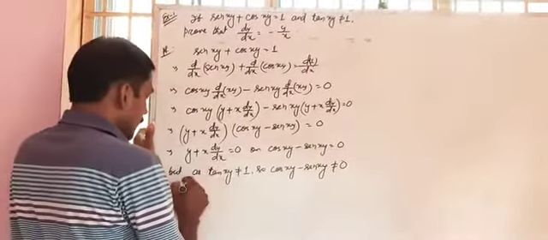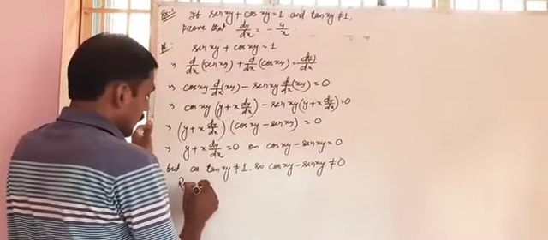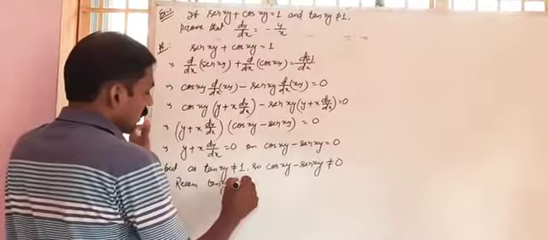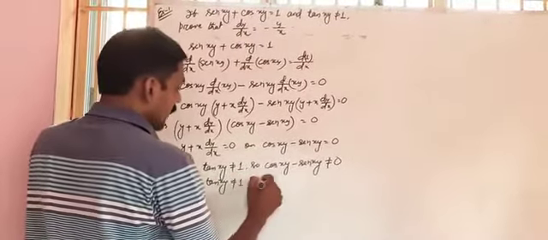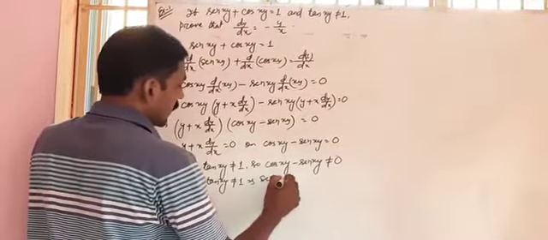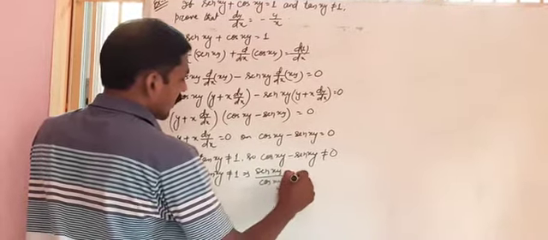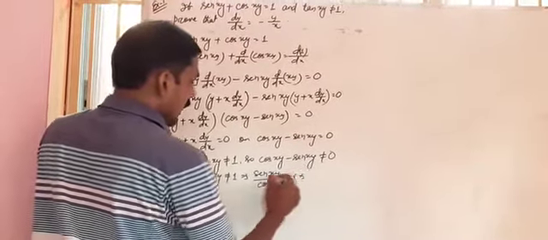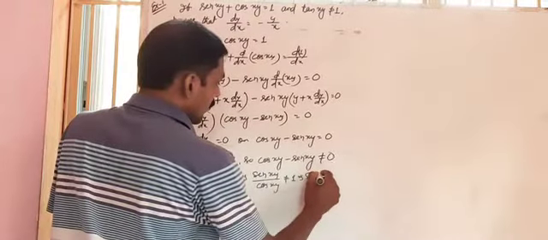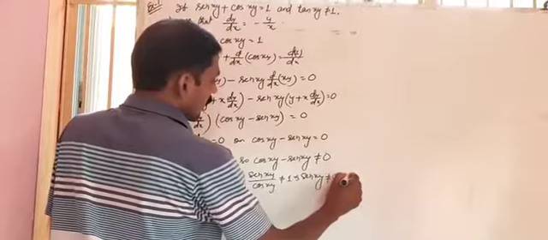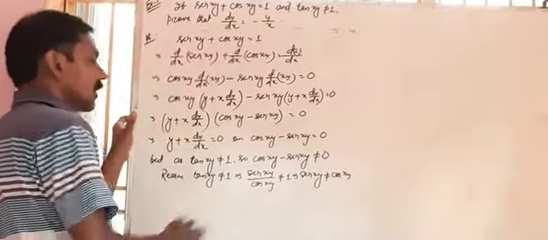The reason is this: tan xy is not equal to 1 implies sin by cos is not equal to 1, which implies by cross multiplication sin xy is not equal to cos xy.